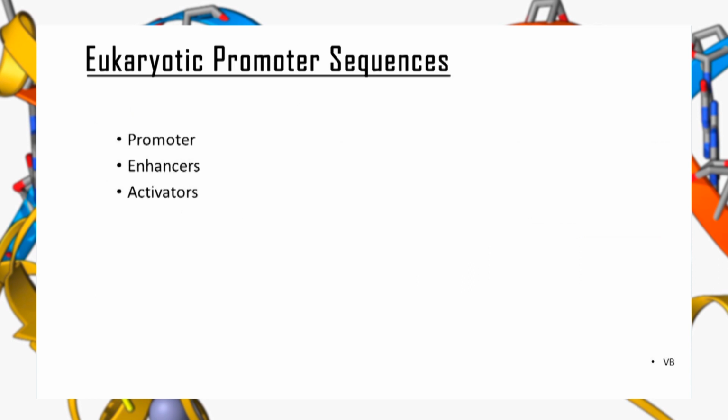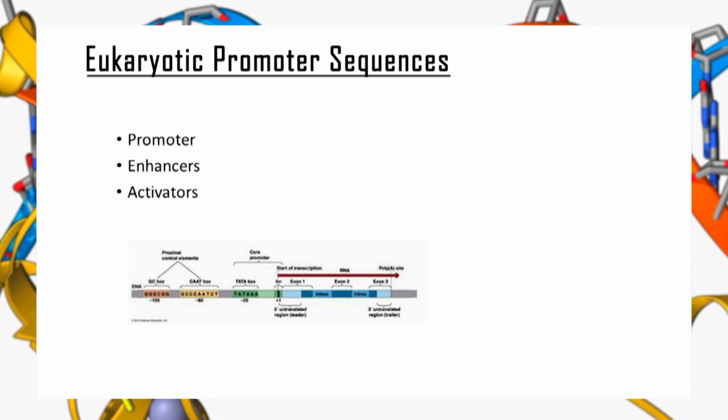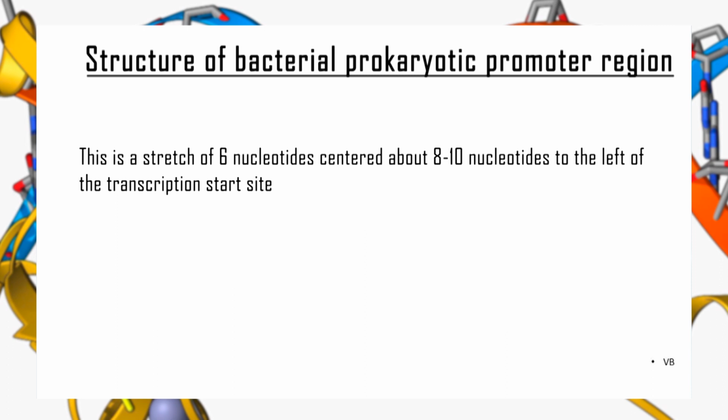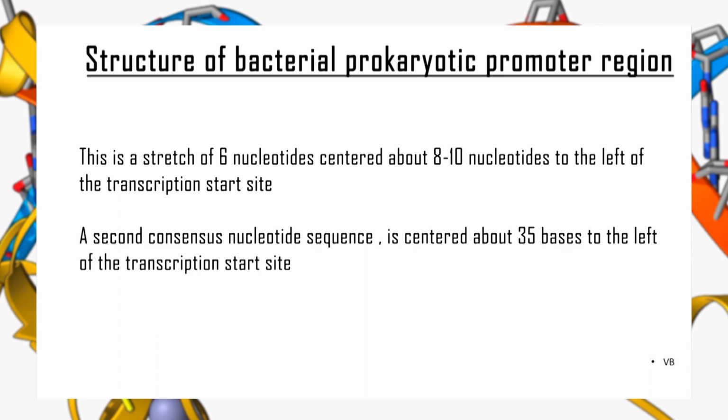So, what are promoter sequences? The promoter, enhancer and activator. If we see the structure of the bacterial prokaryotic promoter region, the TATA box or Pribnow box is a stretch of 6 nucleotides centered about 8 to 10 nucleotides to the left of the transcription start site.